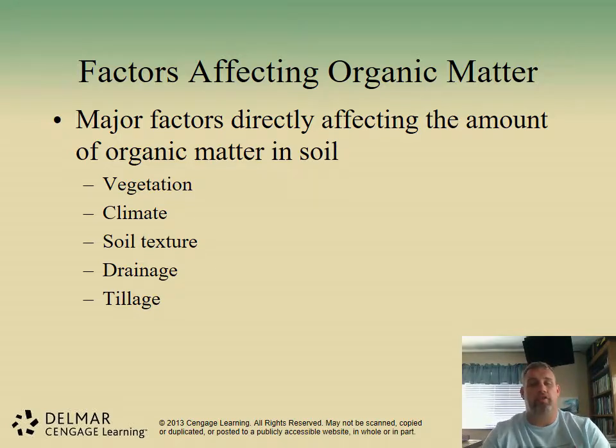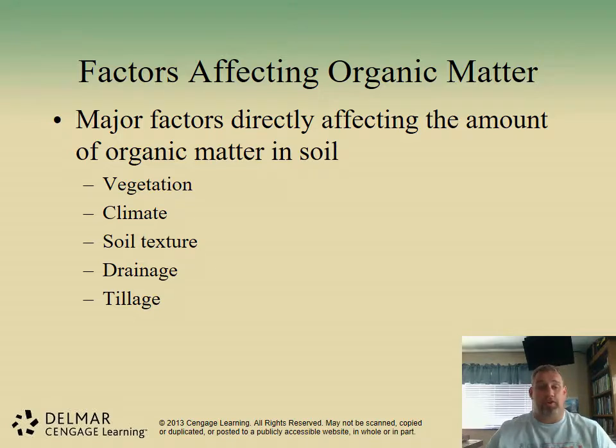There are a few factors that affect the amount of organic material in the soil, and these have to do with how that soil has been utilized in the past. The number one factor is vegetation, which is what plants were grown in that soil previous to current.